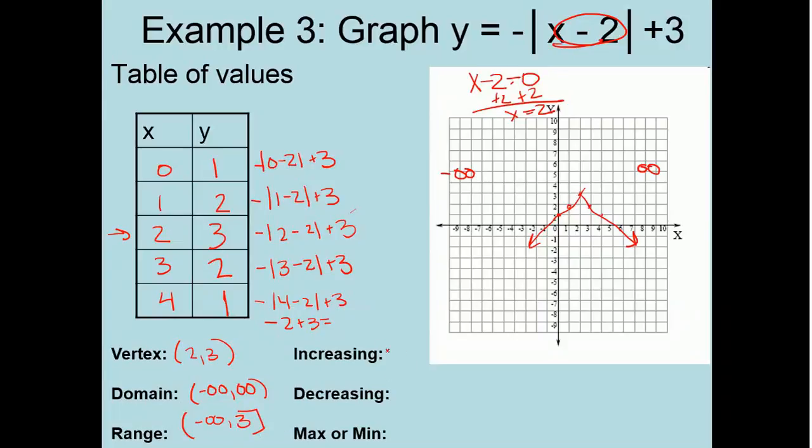What about increasing? Well, it looks like I'm increasing from negative infinity to the x value of my vertex, 2. Then I'm decreasing from 2 to infinity. This time it looks like I have a max, right? Because I have a hill. So I'm going to be at the point 2, 3.